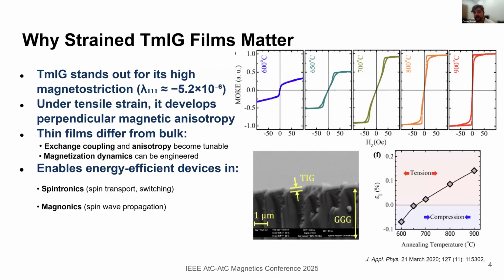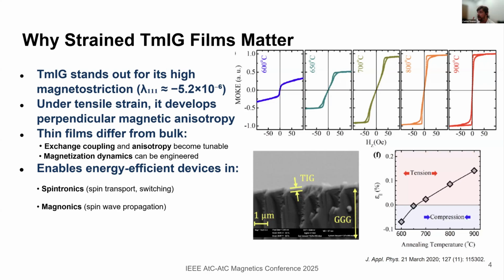When you go to the confined systems in films, this material is very interesting because it has applications, especially in spintronics and magnonics, because it presents a small magnetic damping. You can create some tuning based on strain and substrate in these films. For example, with different annealing preparations of these materials, it's possible to change the compression or tension.